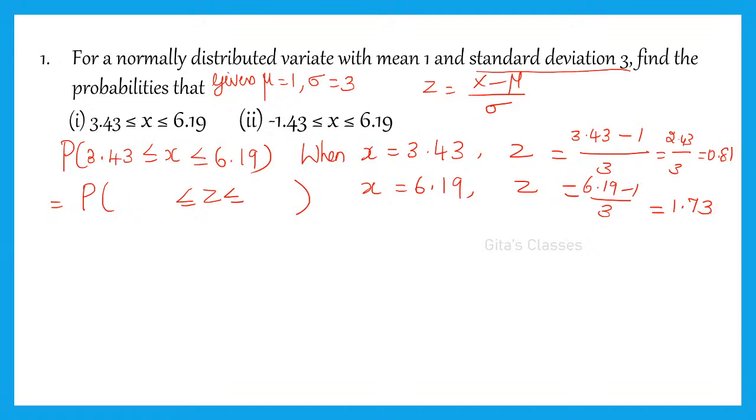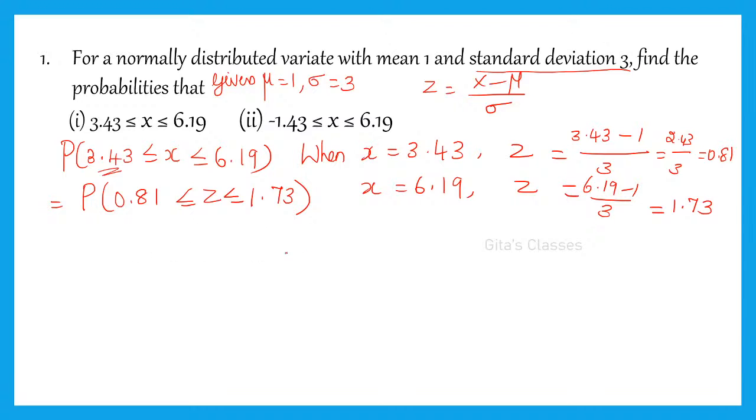Therefore P of 3.43 ≤ x ≤ 6.19 becomes P of 0.81 ≤ z ≤ 1.73. Now you are going to use the table values.